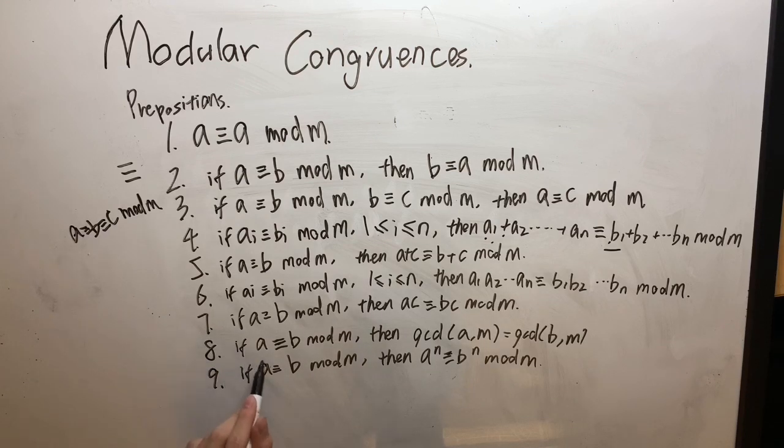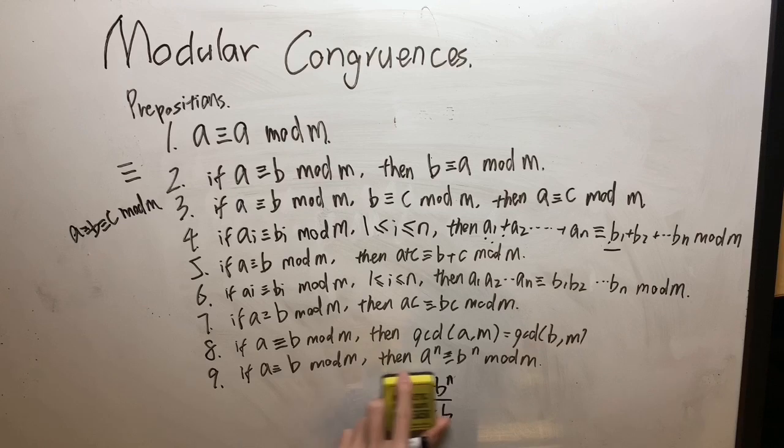Next one, if A is congruent to B mod M, then the greatest common divisor of A and M is equal to the greatest common divisor of B and M. The last one, if A is congruent to B mod M, then A to the N is congruent to B to the N mod M. So A to the N minus B to the N, we know that this is divisible by A minus B. So this is definitely true.